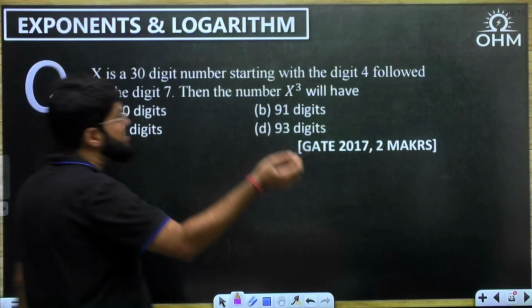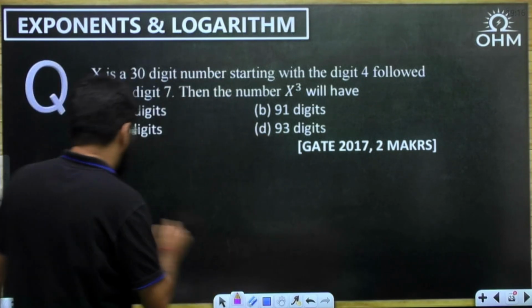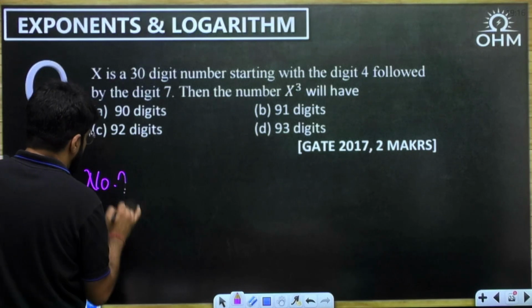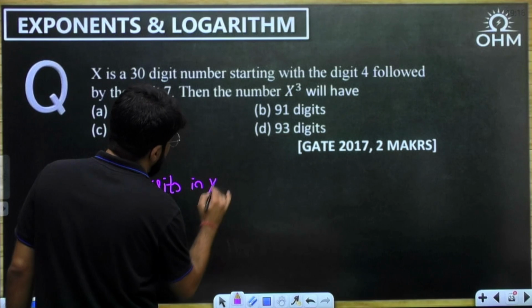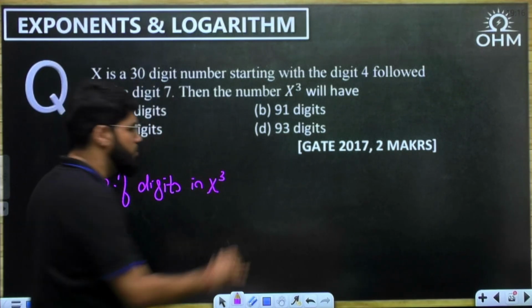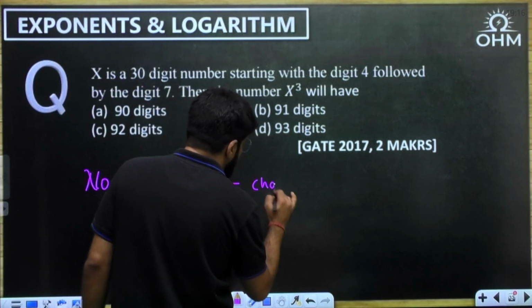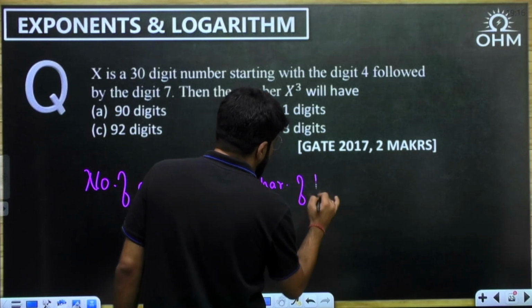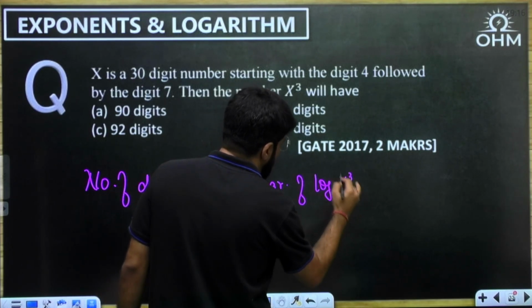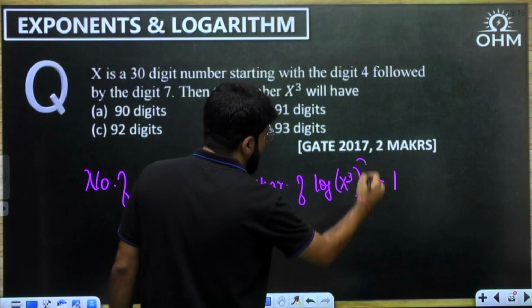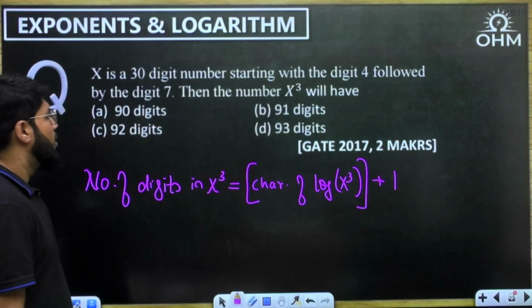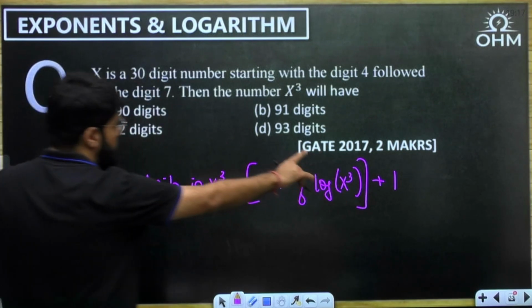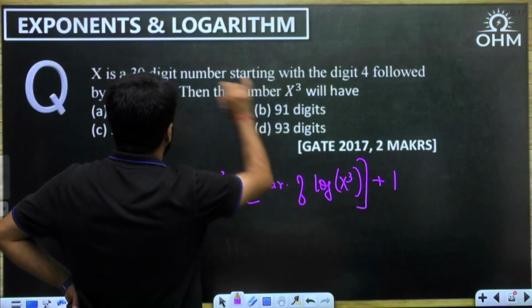The number of digits in x cube should be equal to the characteristic of log x cube plus 1. Now, what is the characteristic of log x cube? Log x cube will be 3 log x. Let's think about x.